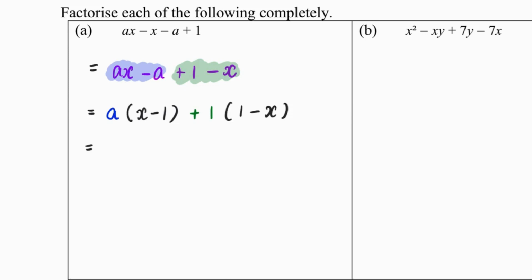So of course, we have learned previously that when I see x minus 1 and 1 minus x, what can we do? Yes, we can write its equivalent form, which will be negative (x minus 1). x minus 1 and positive 1 minus x, they are equivalent forms.